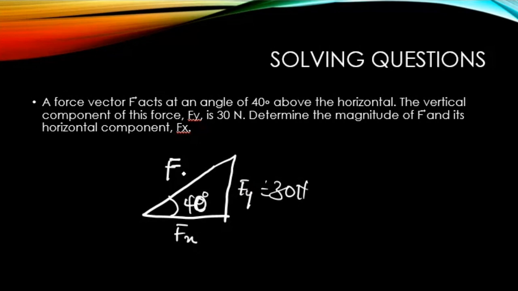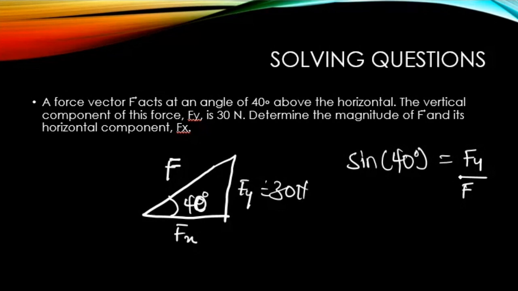Now we are trying to find F. We know Fy, and to find the vertical component of a vector, we use the sine identity. The sine of the angle, that's 40 degrees, is Fy over F itself.